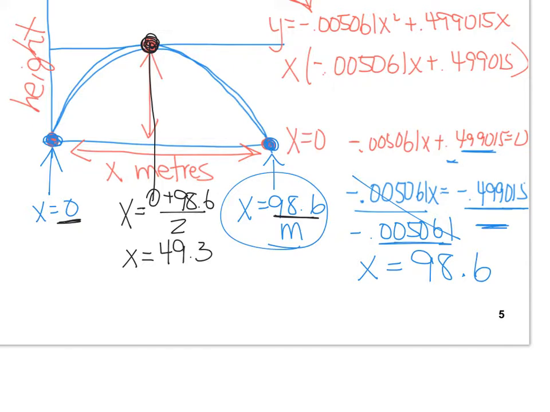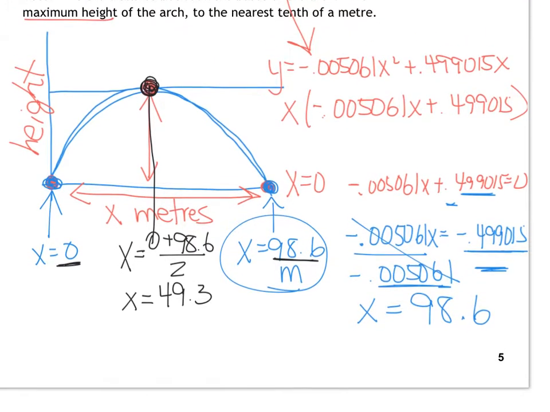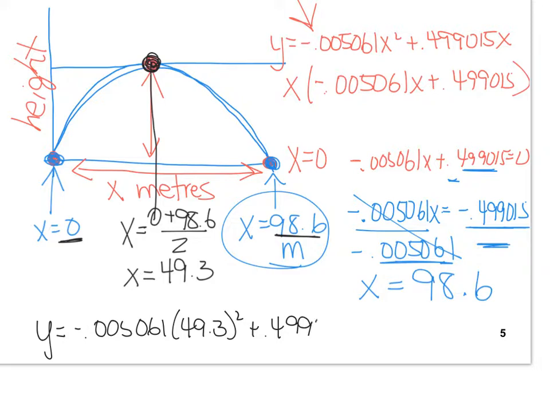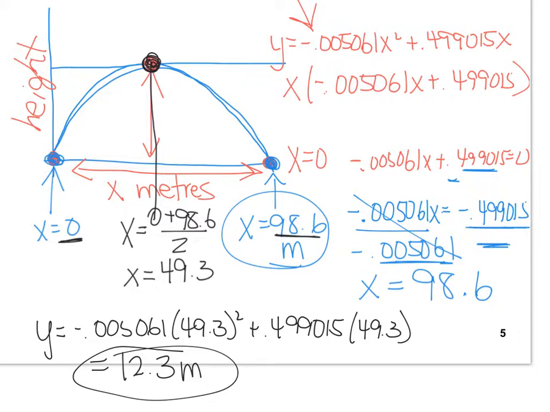And then to find the matching y value, hopefully this is becoming familiar to you, you put that x value into your equation, negative 0.005061 times 49.3 squared plus 0.499015 times 49.3, and you get an answer of 12.3 meters. So the maximum height of the arch is 12.3 meters.